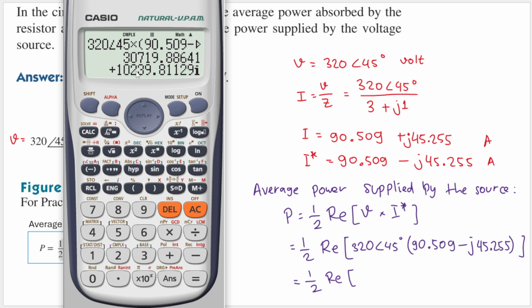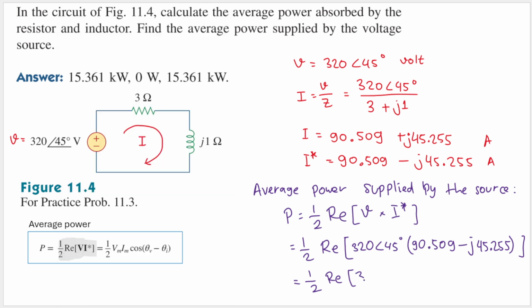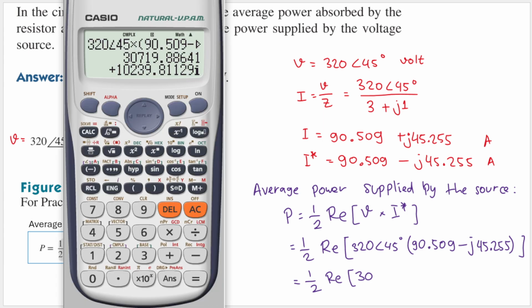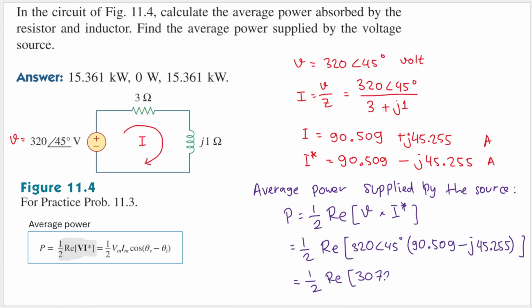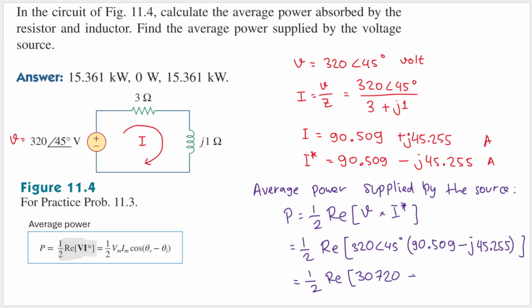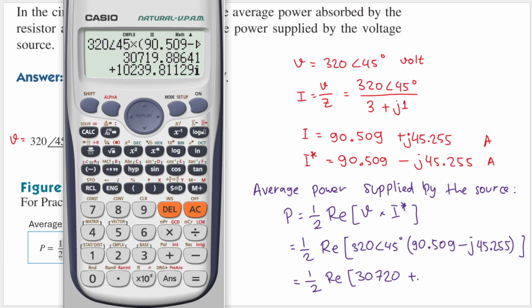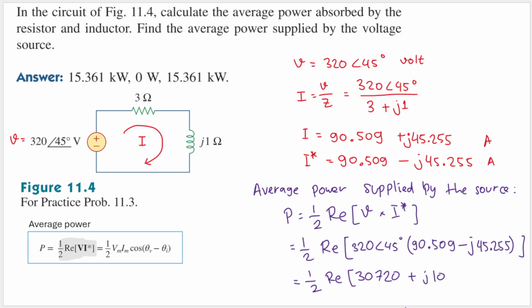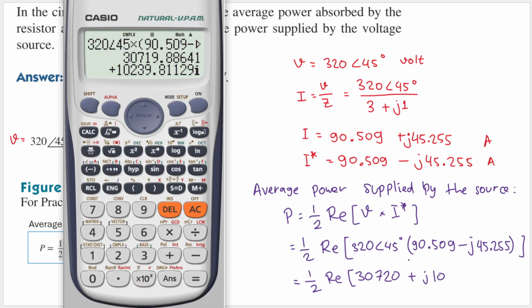Okay, and we will have 30,720. I think it's good enough. And then plus J10,240.